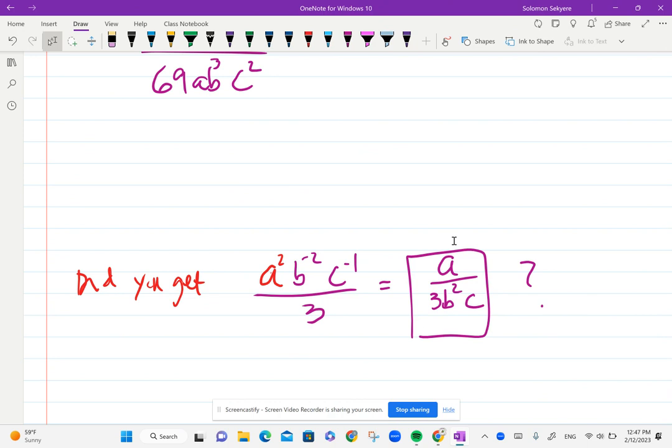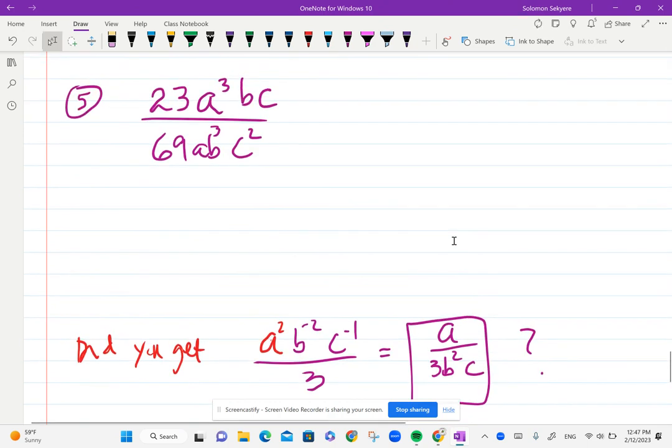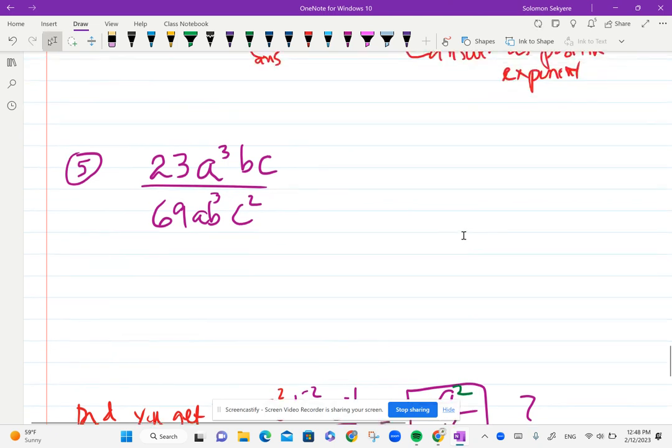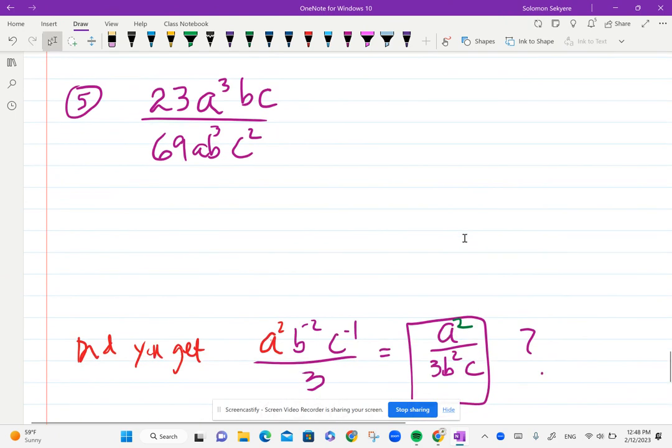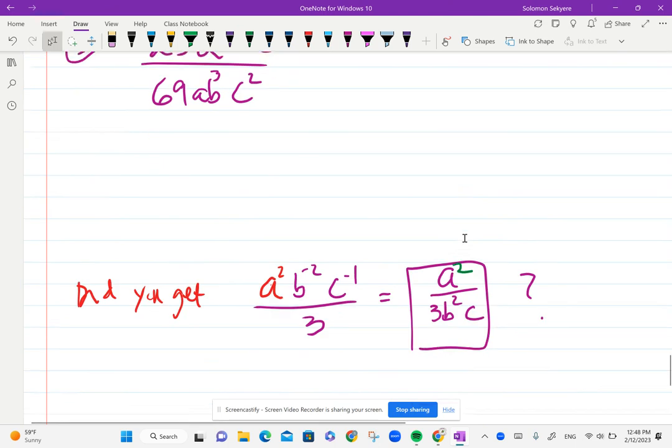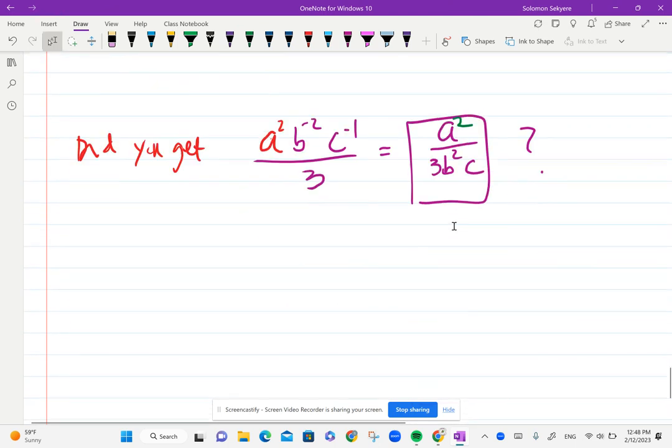If you didn't, did you get this? Sorry, this is a squared. Did you get a squared over 3 b squared c? Got it? All right.